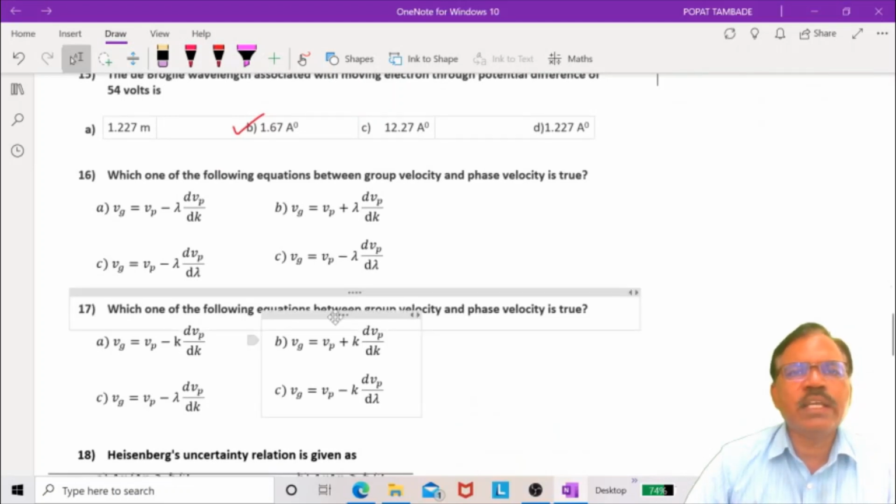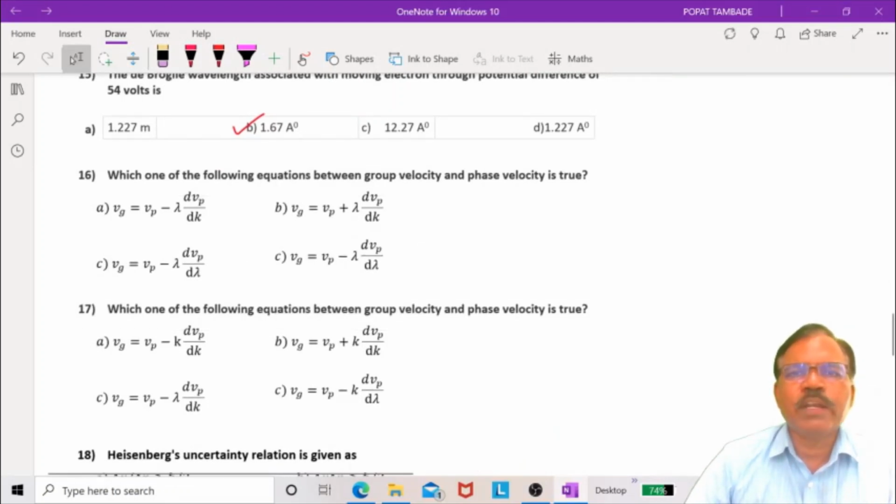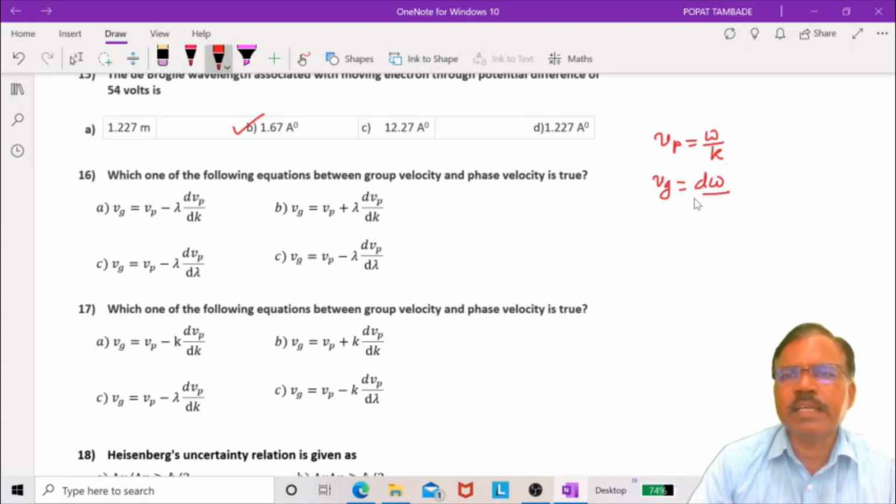Which one of the following equations between group velocity and phase velocity is true? We know phase velocity is given by Vp is equal to omega by k, and group velocity Vg is equal to d omega by dk. So from this we can write omega is equal to k into Vp. So Vg I can write d by dk of omega, so d by dk of kVp.